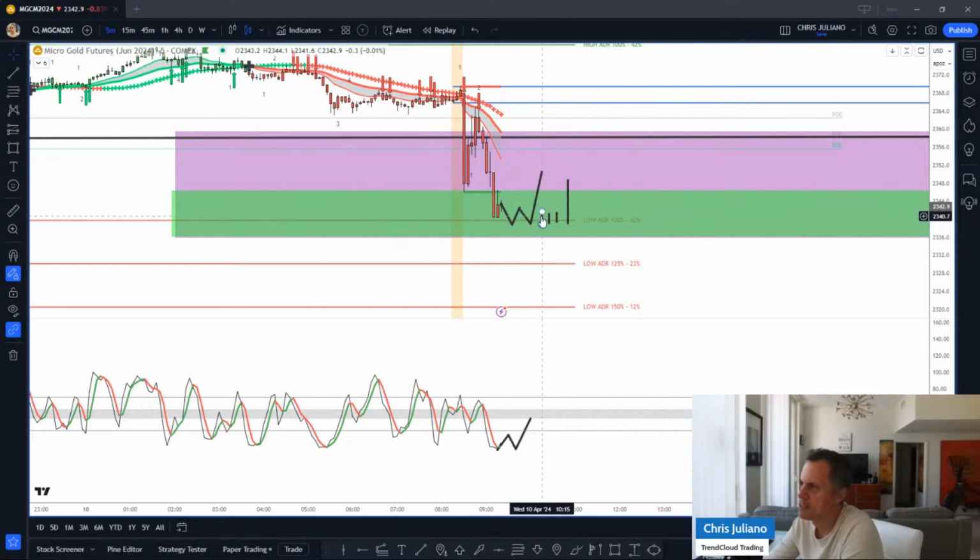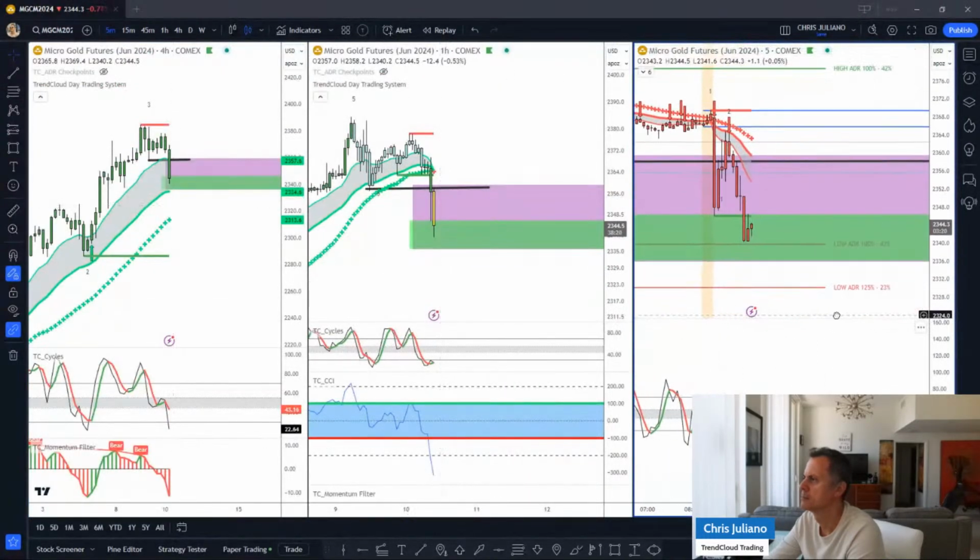During this little consolidation process, you will see this pattern on the cycle indicator. All right.